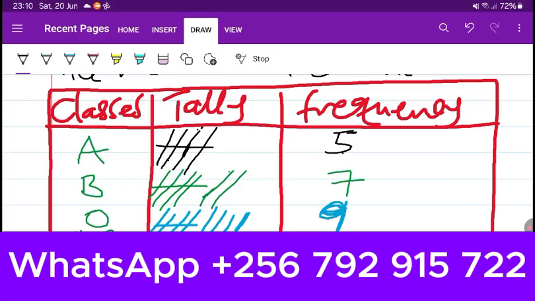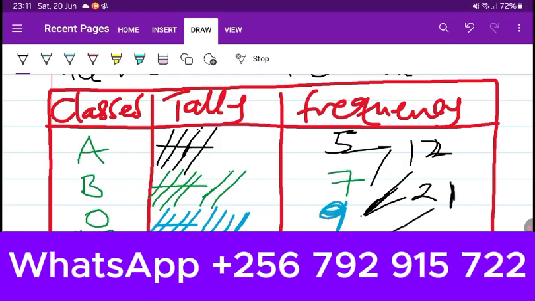Of course, you get 5 plus 7, that is a 12, plus 12 plus 9, that will give you a 21. 21 plus 4 gives you 25.